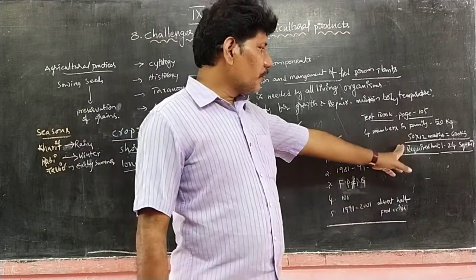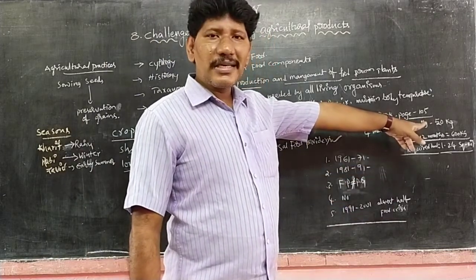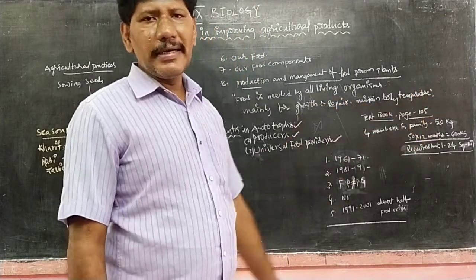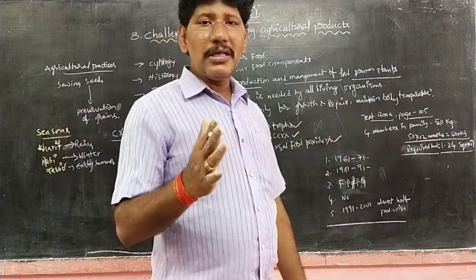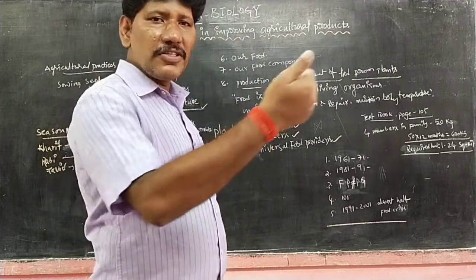So I mean that if the family members increase, our food grain requirement also increases simultaneously. But the cultivated land area does not increase by increasing family members.